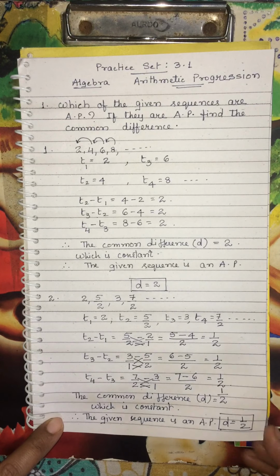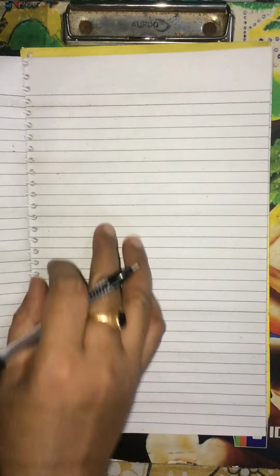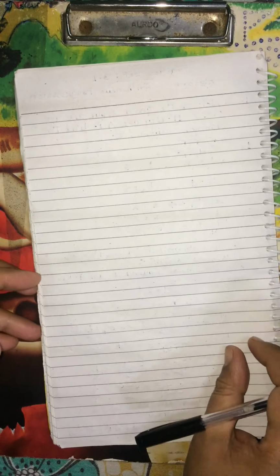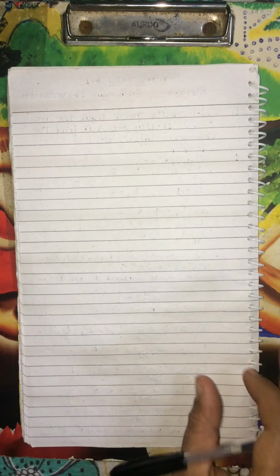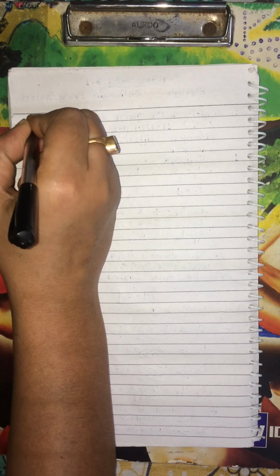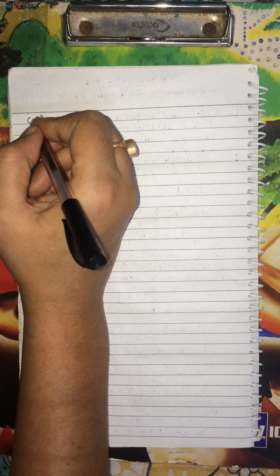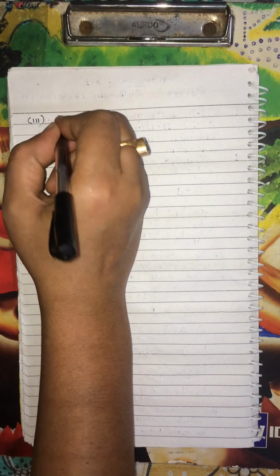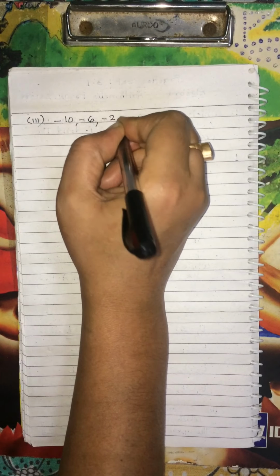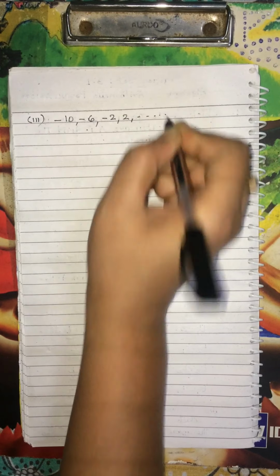Fine. Now let us see the third one in the same exercise. Question number 1, the third bit children. What is given? See, the third one is given as -10, -6, -2 and 2 and so on.